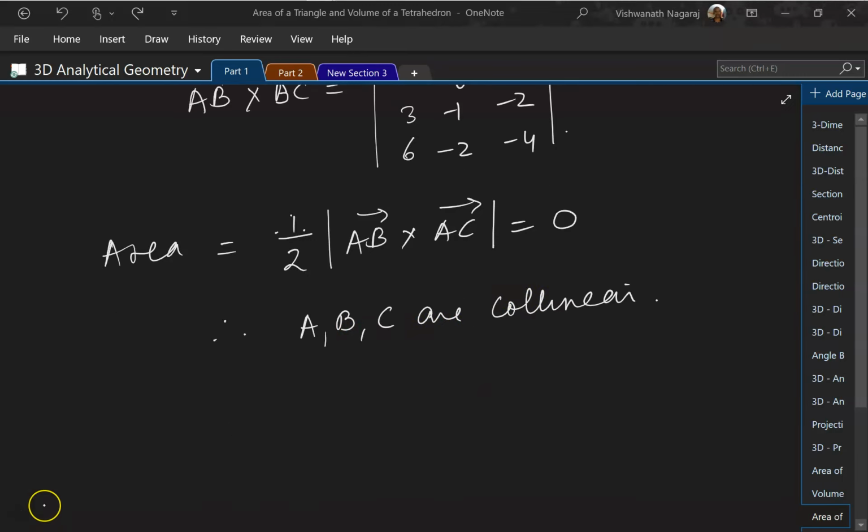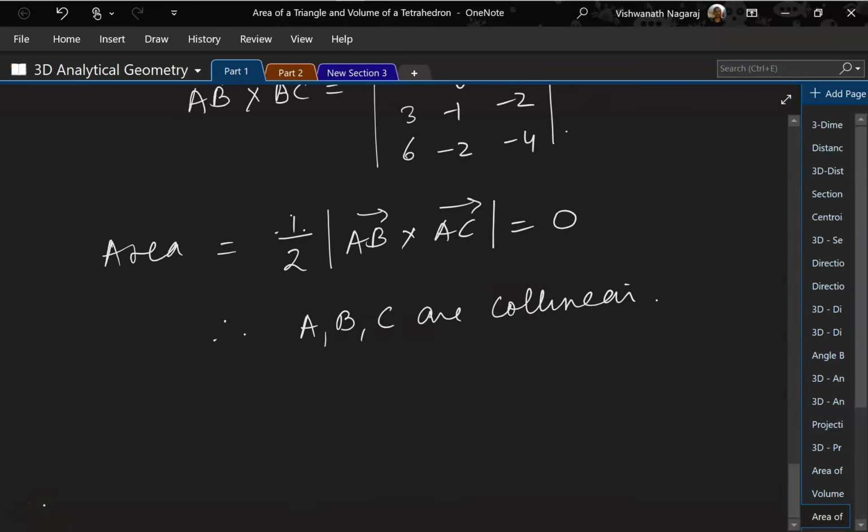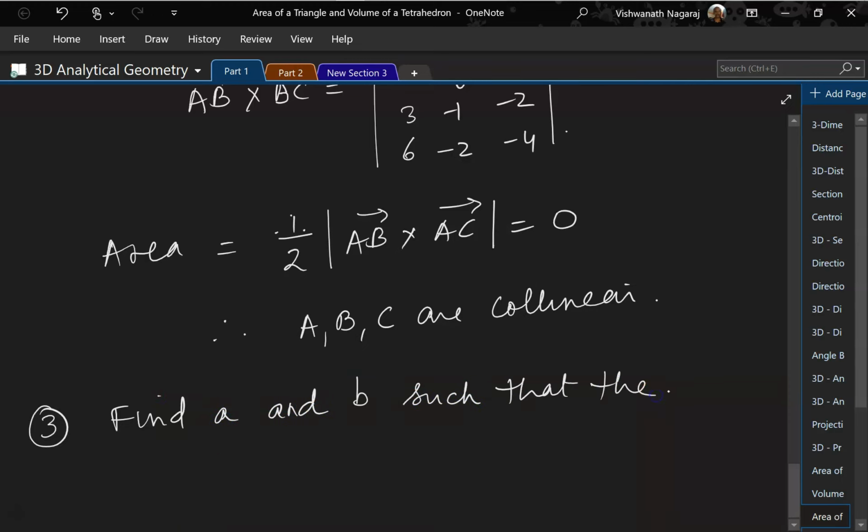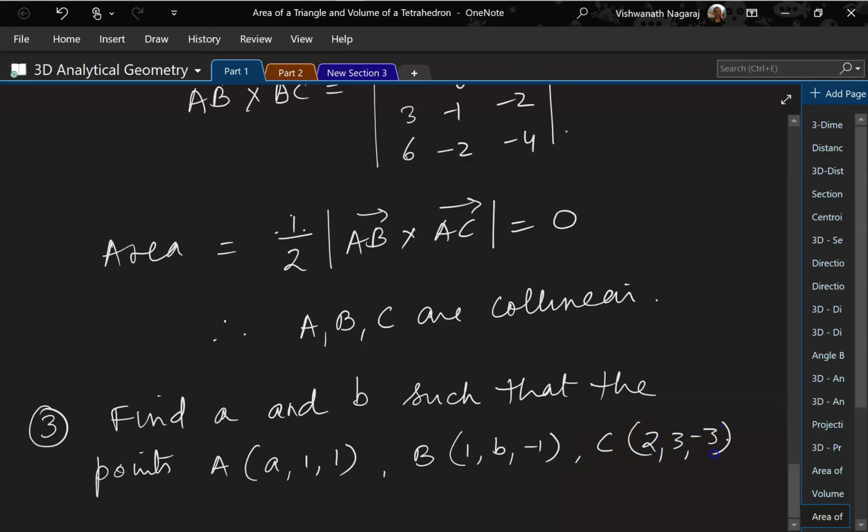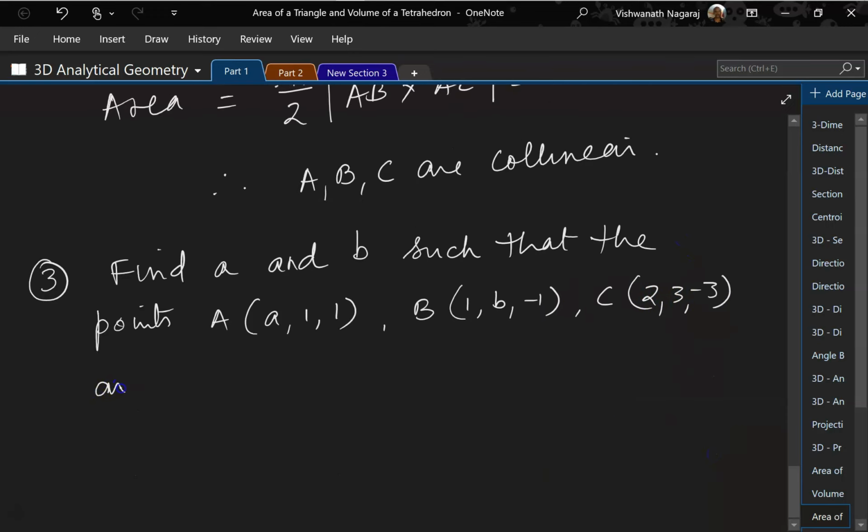Yes. Okay. Now let's do another one. Find a and b such that the points A which is (a, 1, 1), B which is (1, b, minus 1), and C which is (2, 3, minus 3) are collinear.